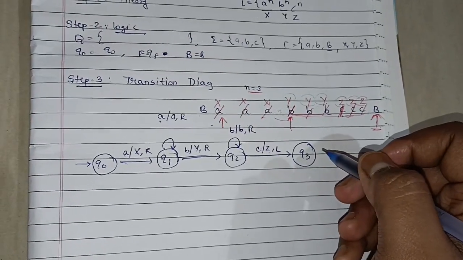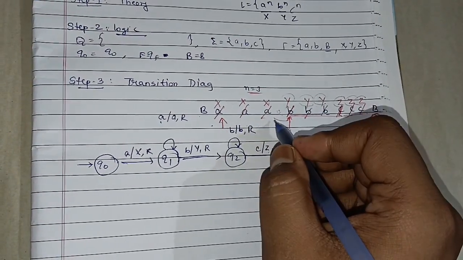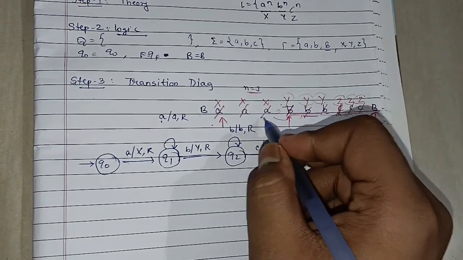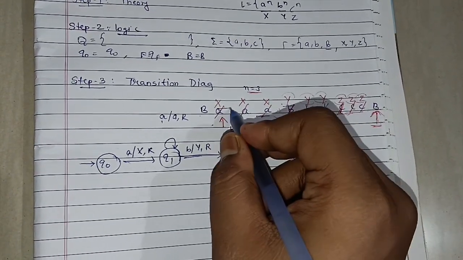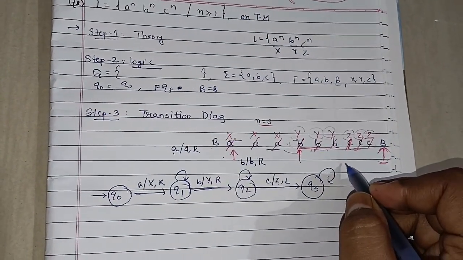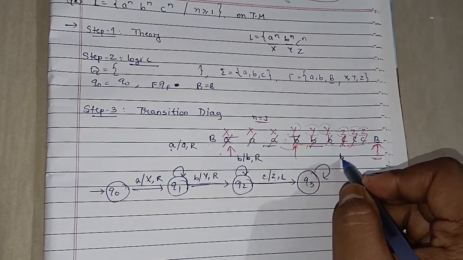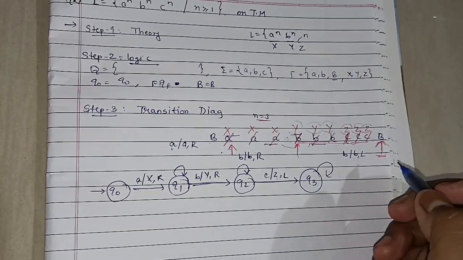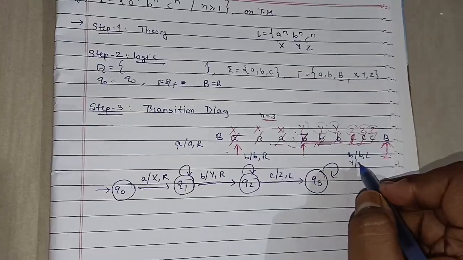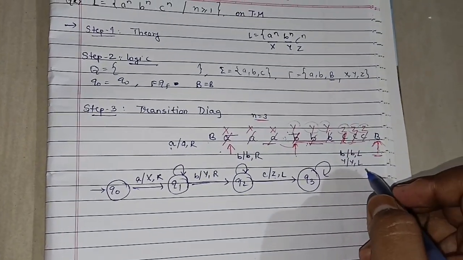Now see, when it comes to the left, it will get b, y, a as well as x. So when you come left, if you get b, keep it as b, move left. If you get y, keep it as y, move left.